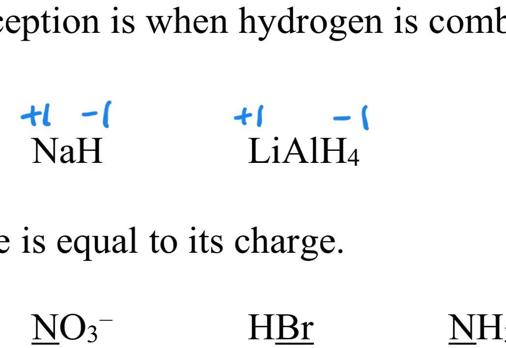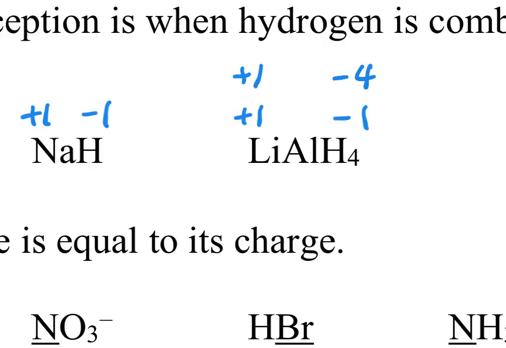So now as we take a look at lithium aluminum hydride, we can actually do a little bit of a calculation here. So each of the hydrogens is -1, but I have 4 hydrogens. So that tells me I have a total charge contribution of -4 from all of the hydrides. I have just 1 lithium, which is charged +1, so we have a total of +1 charge from all of the lithium.